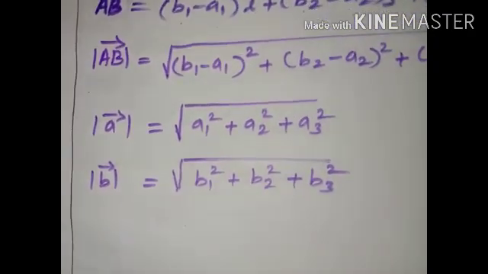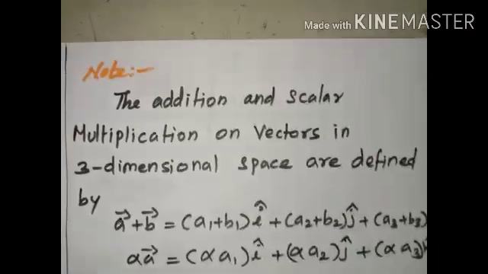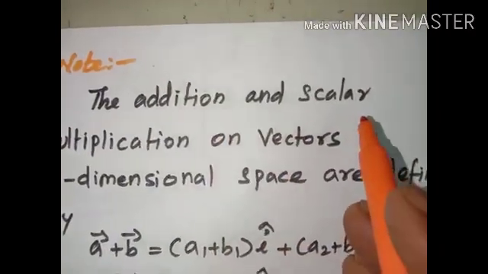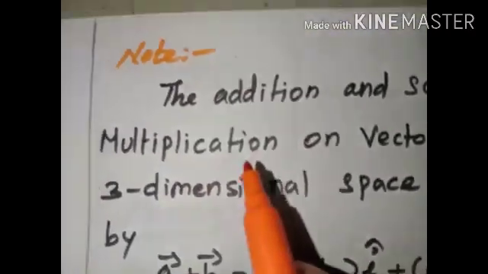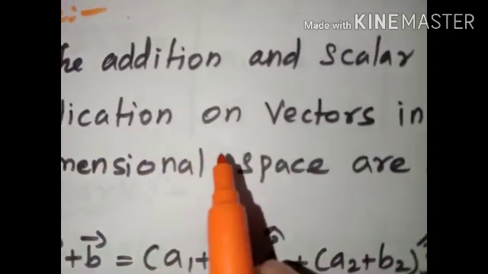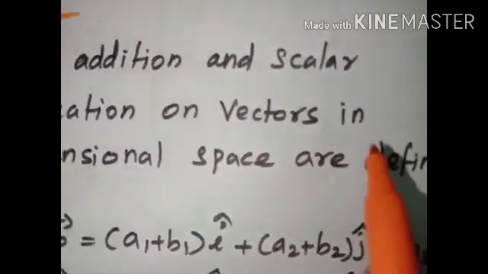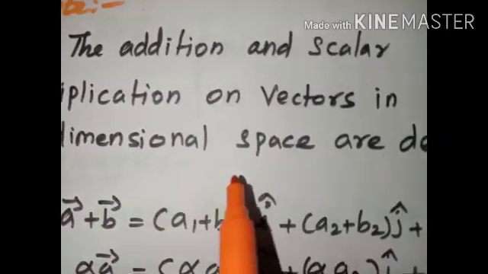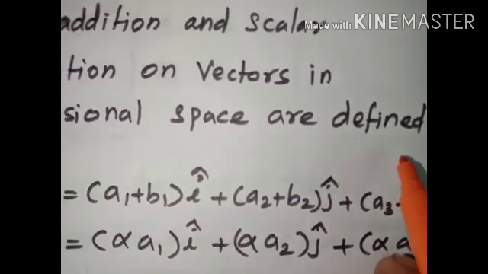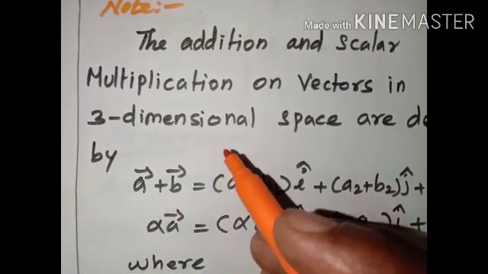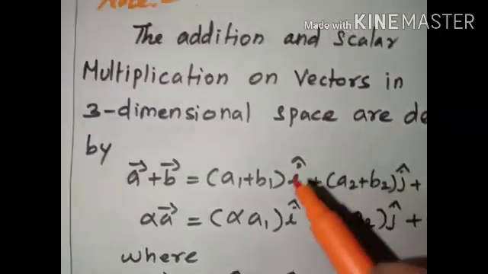Okay, so now the next page. Note the addition and scalar multiplication on vectors in three-dimensional space are defined as follows.